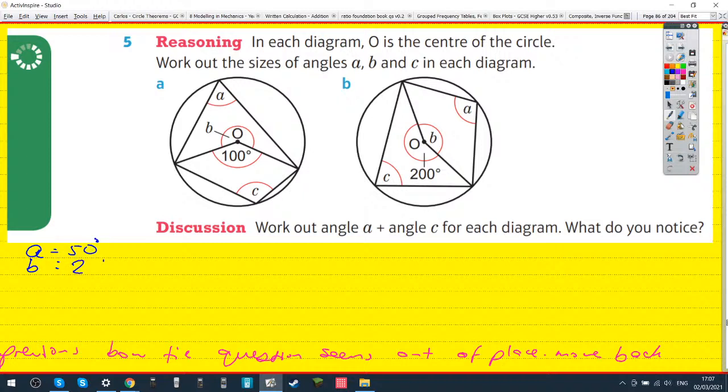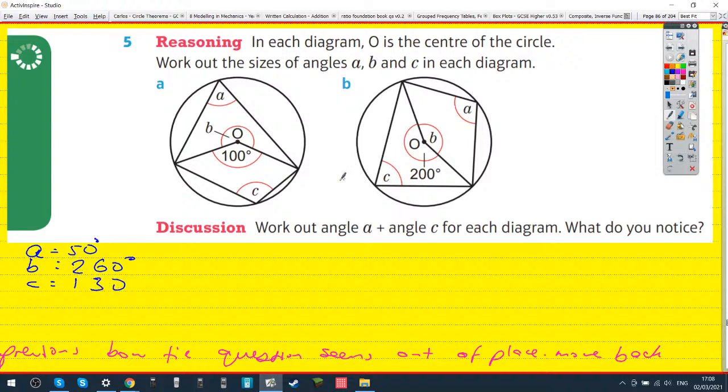So B is 260. How about C? So is C 130? Yeah, C is 130.